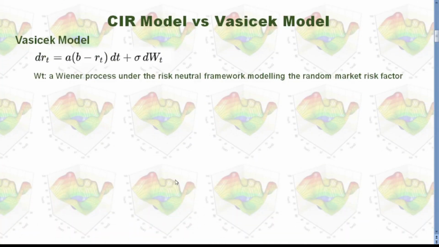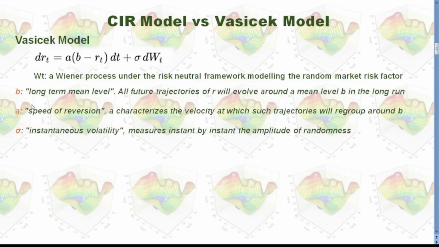CIR model is similar with Vasicek model. This is the formula for Vasicek model. WT is a Wiener process under the risk-neutral framework modeling the random market risk factor. And B is long-term mean level.